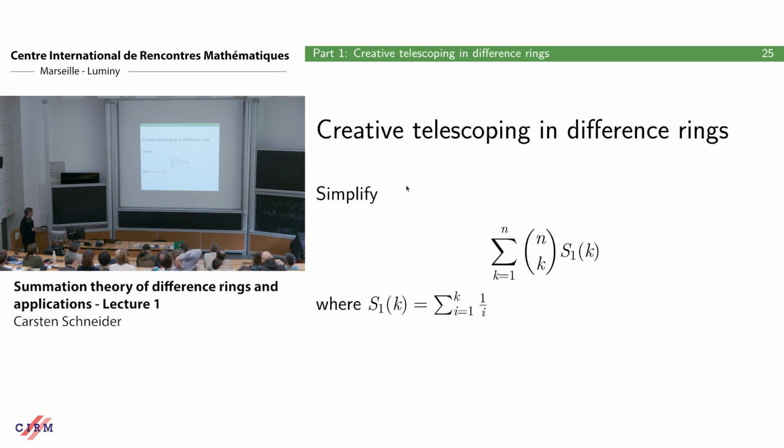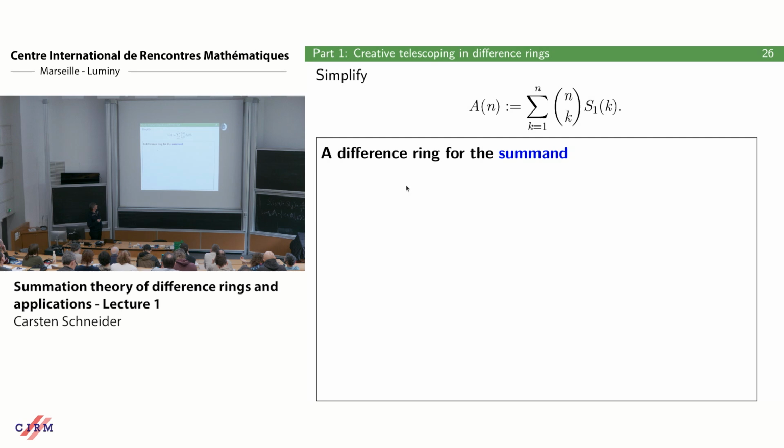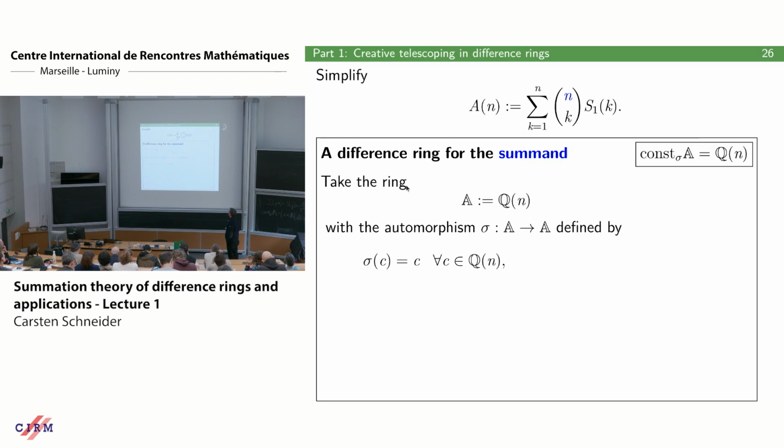I want to do that summation, again, the k-th harmonic numbers times n choose k, the binomial coefficient. I construct a difference ring, as you have seen earlier. I start with the rational numbers. They're kept fixed. There is a constant n involved.